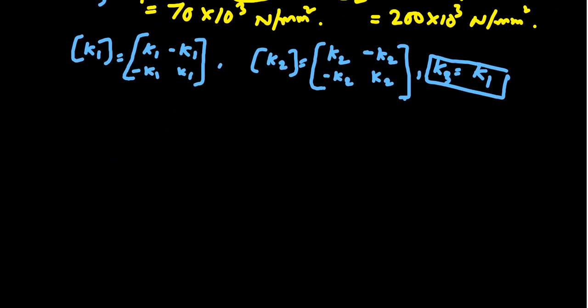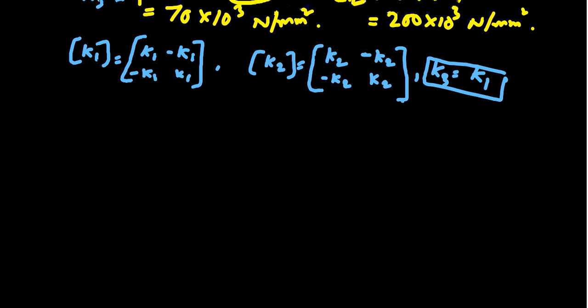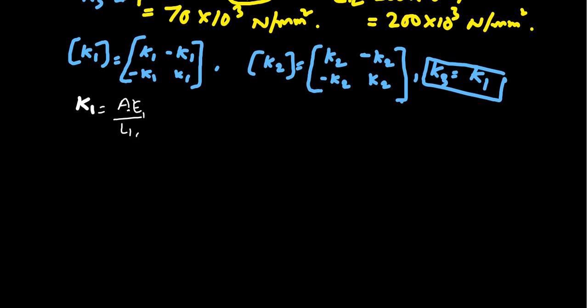So small k, that is K1, is equal to A1 E1 by L1. The A value is 2400, into the E value for element 1, 70 into 10 power of 3, divided by the length for element 1, that is 200.